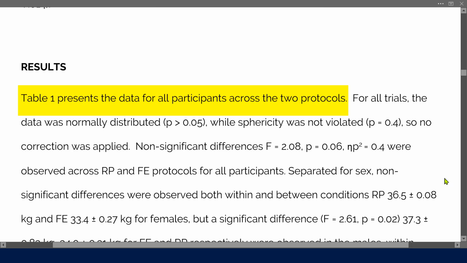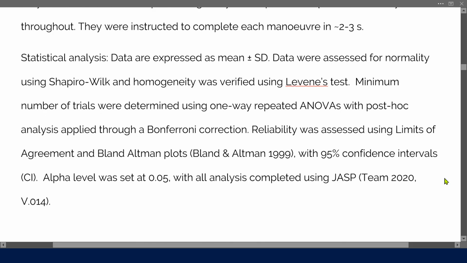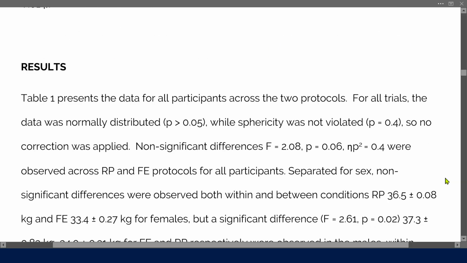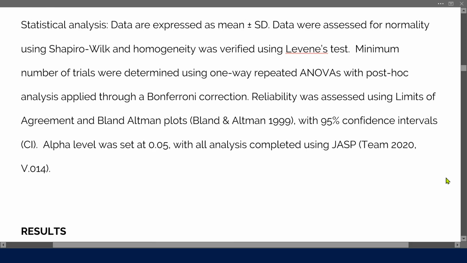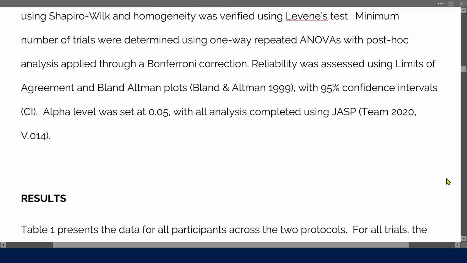Table 1 presents the data for all the participants across the protocols. They were assessed for normality using Shapiro-Wilk, and homogeneity was verified using Levene's test. For all trials, the data were normally distributed while sphericity was not violated, so no correction was applied. The minimum number of trials was determined using a one-way repeated measures ANOVA with post-hoc analysis applied through a Bonferroni correction.